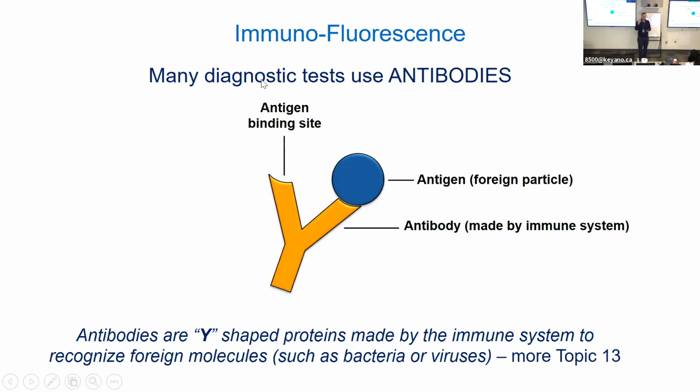So it could be the chickenpox virus. It could be the spike protein on COVID-19. It could be a surface glycoprotein on the Plasmodium parasite. It could be some sort of carbohydrate on Salmonella. So you've got a very specific protein that binds a very specific thing.